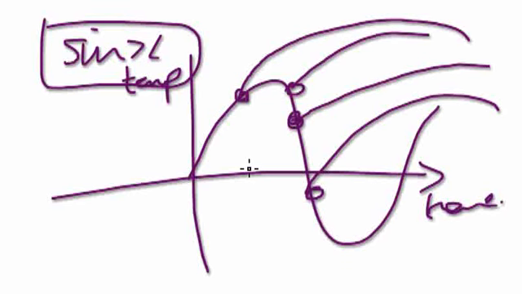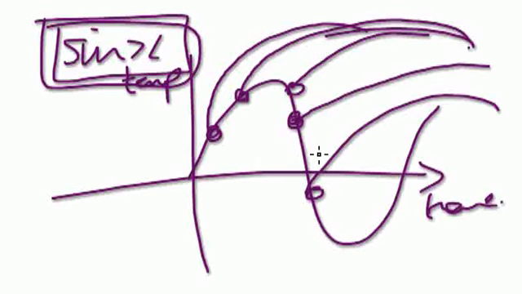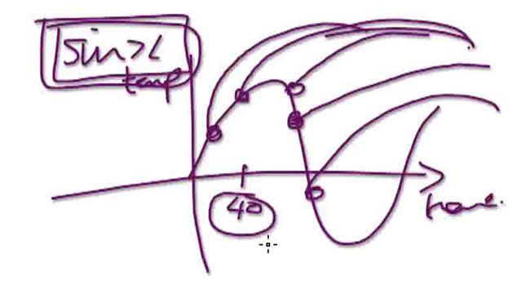Most of the time we don't understand nature, so we would map nature onto what we know. In this case, we will map it onto our sine of x graph, and then once we've mapped nature onto our graph, we can work out, let's say, the temperature when the time is 40 hours.